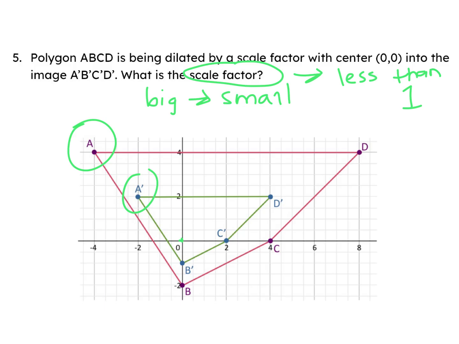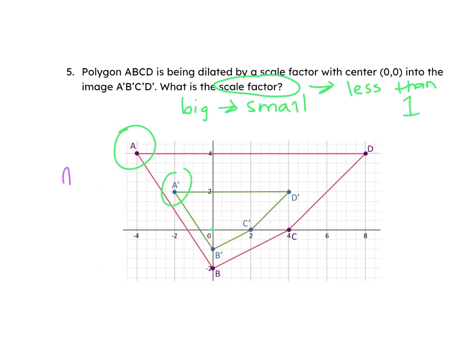Okay, and I can see that A, the original A, is -4, +4. And then A prime is -2, +2. So, okay, that's kind of easy to see. They cut in half. So our scale factor is a half.